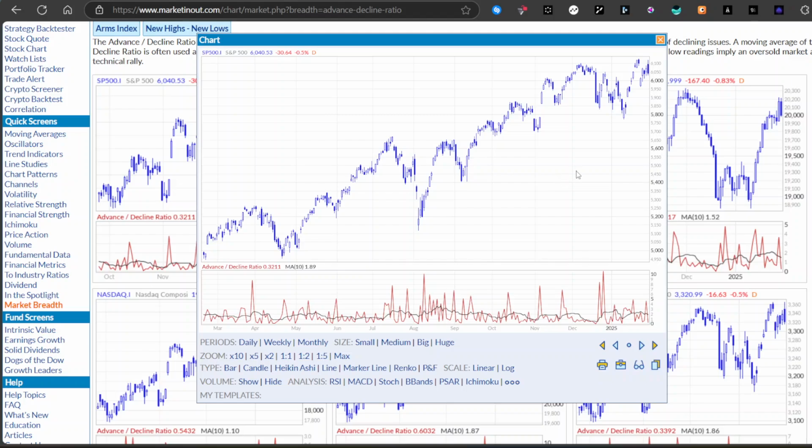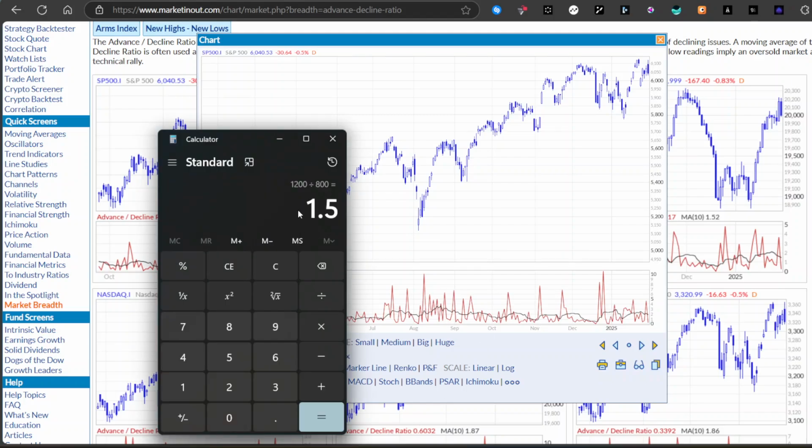A consistently high ratio indicates that a bullish trend is supported by a broad base of advancing stocks. Because our calculation has the advancing stocks coming first, divided by the declining stocks, a higher ratio simply means that the number of advancing stocks is way higher compared to the declining stocks.